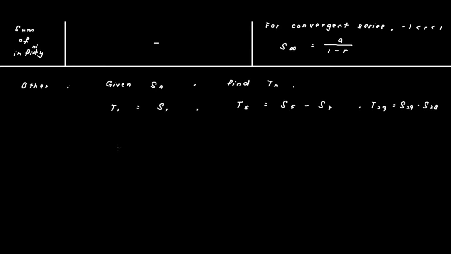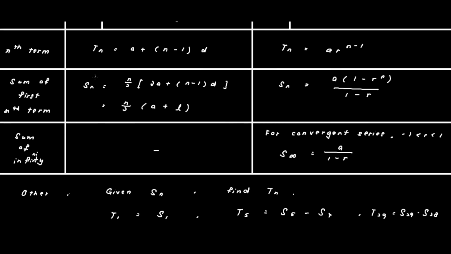Same thing, if you are given an expression of Tn, and after that they ask you to find the sum, how are you going to do that? You know that for you to create the formula for the sum, for example for your AP, you will need your A and D, correct?